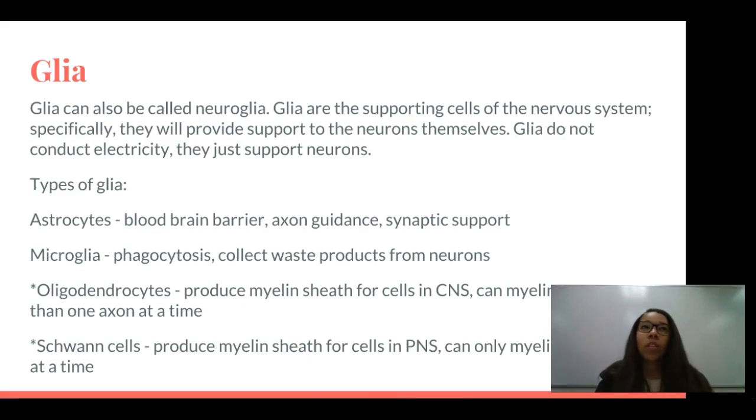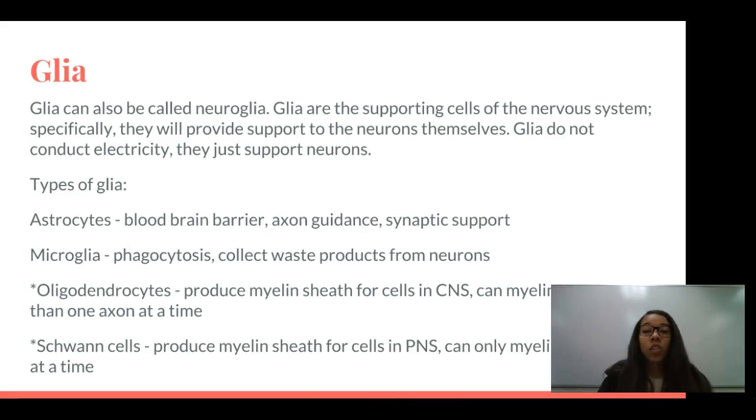Unipolar, you're only having one axon extend from the soma. Bipolar, you are having one axon and one dendrite extending from the soma. In multipolar, which is the most common type of neuron in the nervous system, you're going to have one axon extending from the soma and multiple dendrites extending from the soma.